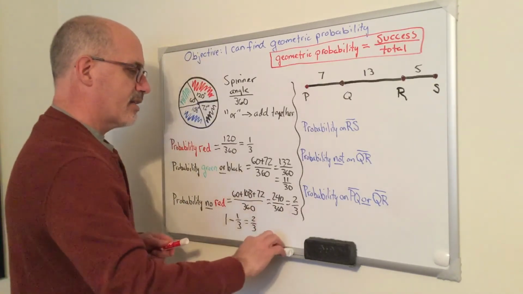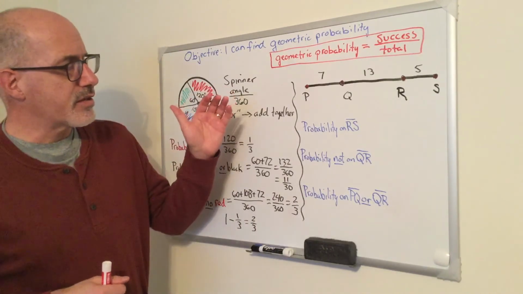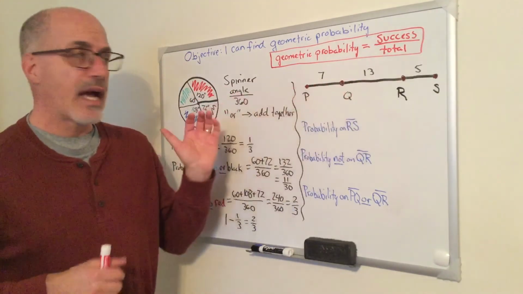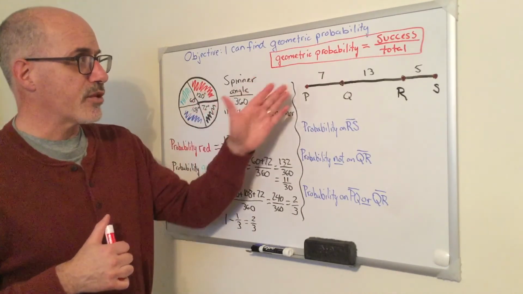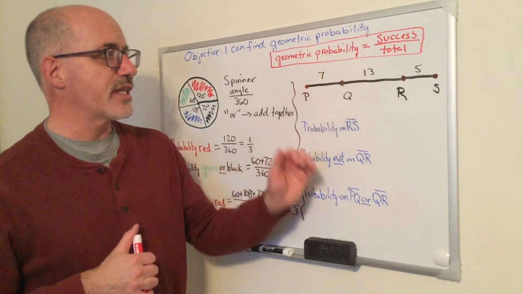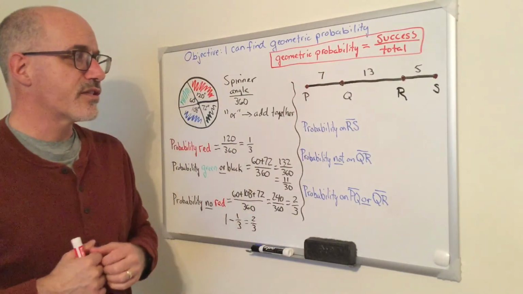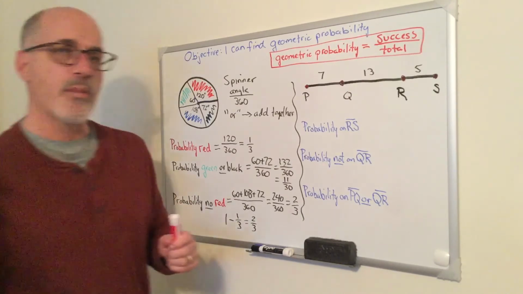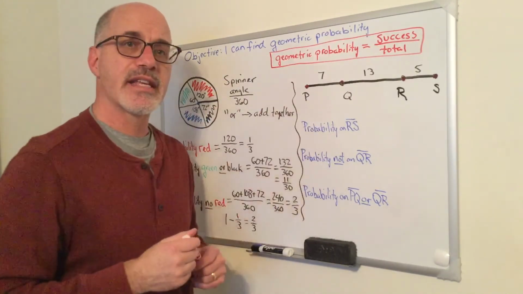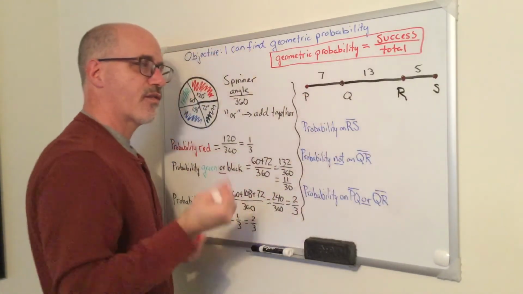Okay, to do this next section, what we have is a number line here. I'm going to represent this number line with numbers. So from P to Q, it's 7. From Q to R, it's 13, and from R to S, it's 5. Now what we want to do is find out what's the probability if a point lands on this, that it's going to land on RS, which is this segment over here.